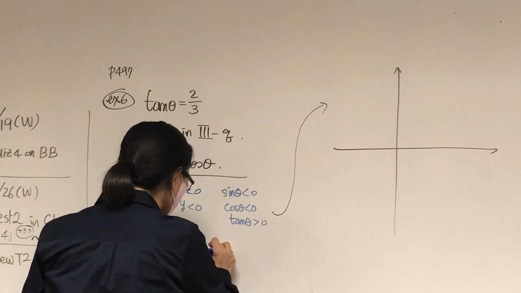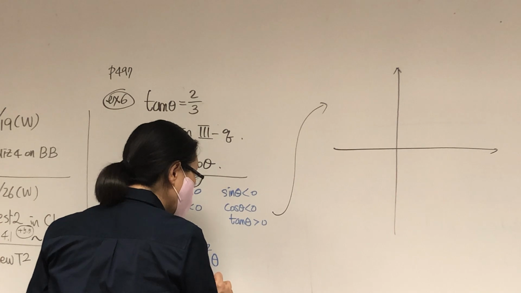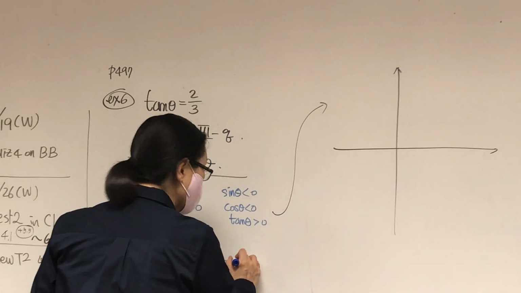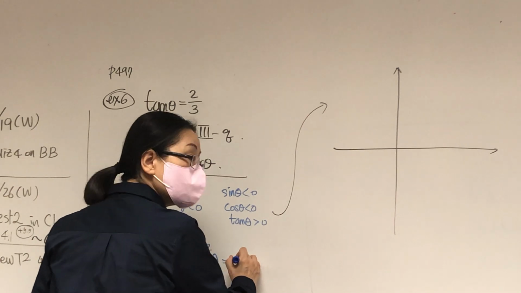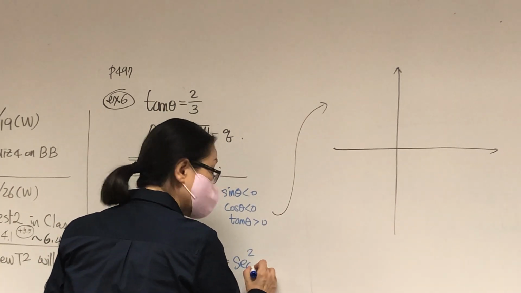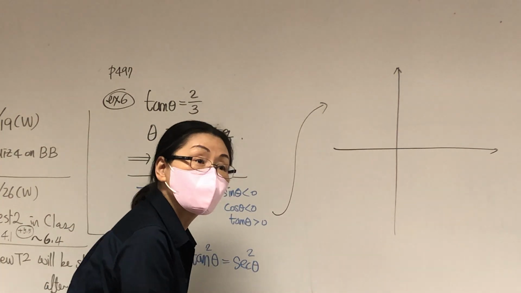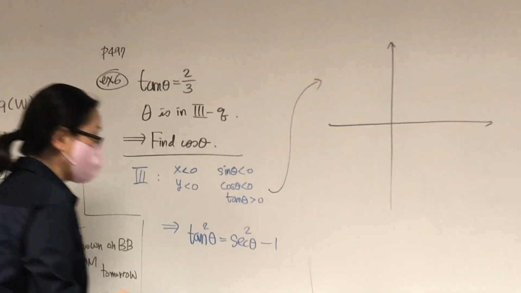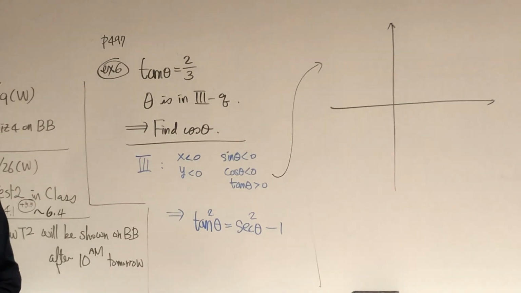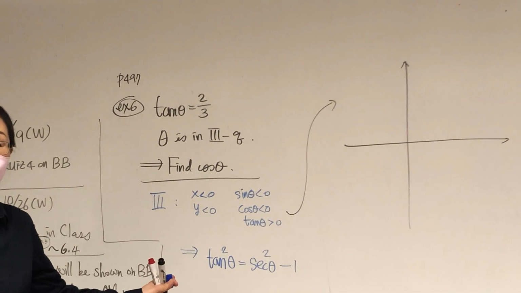Tangent squared theta plus 1 equals secant squared theta, so secant squared theta equals tangent squared theta plus 1. Now, what do you want to do? Substitute. Yes, maybe it's possible.